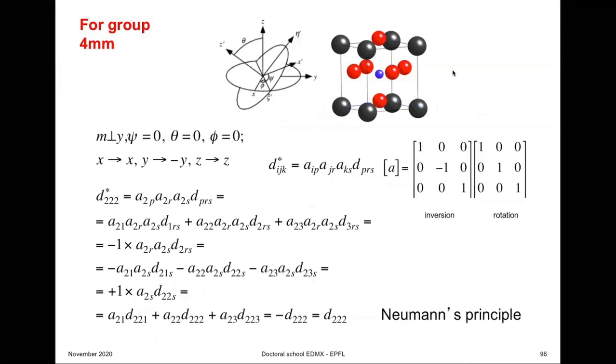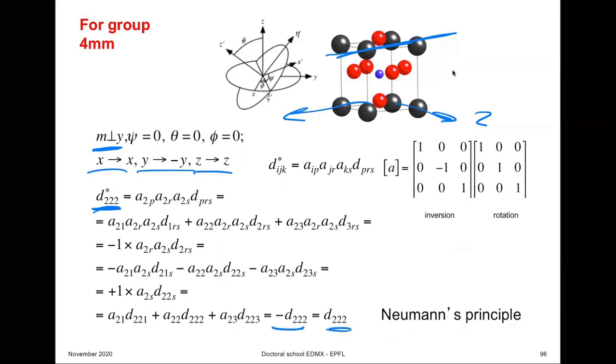Now, let's apply the mirror symmetry element, which is perpendicular to the y axis, like this. That means that x remains unchanged, z remains unchanged, and y goes into minus y. So let's see how D22 will transform. We get that D22, after we apply this mirror plane, goes into minus D22.